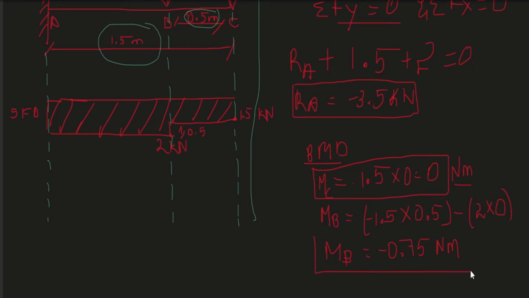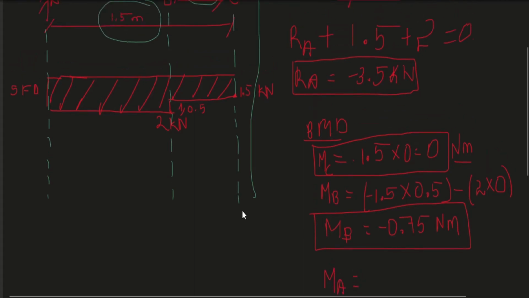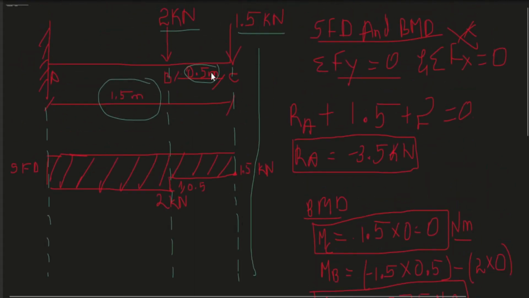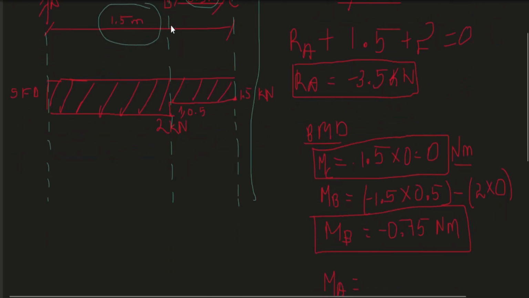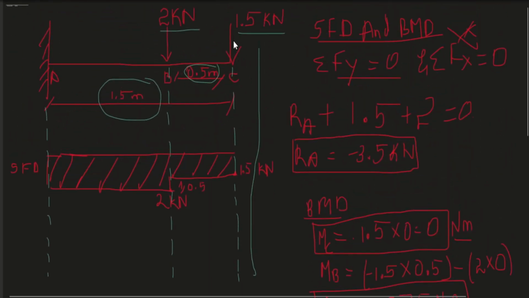Okay. So now the one more thing left is the bending moment at A. Bending moment at A is the sum of the bending moments from the force 1.5 and from the force of 2 kilonewton. At point C, the distance from C to A is 1.5, so 1.5 into 1.5, since the force is also 1.5.